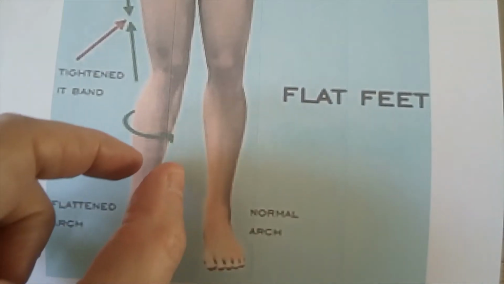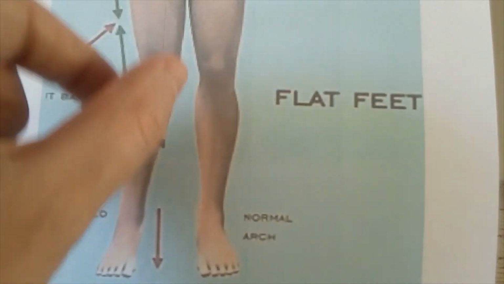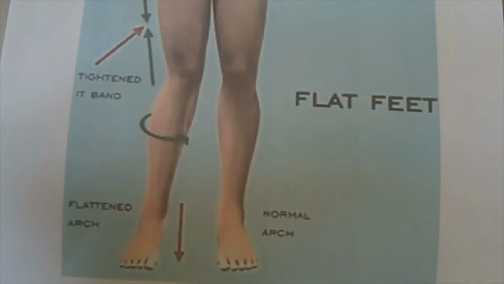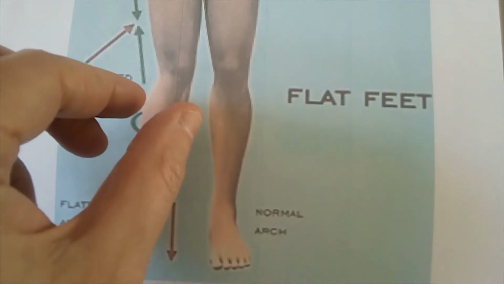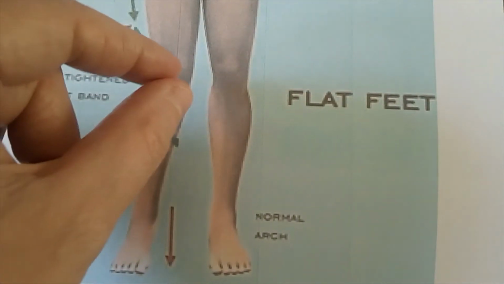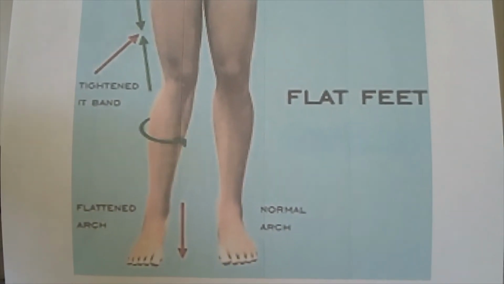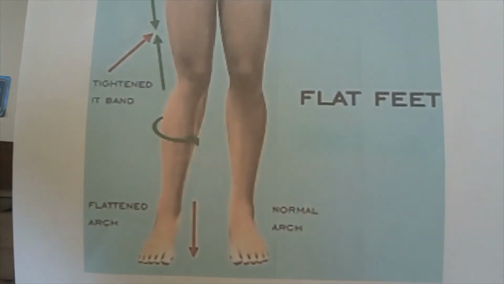This increased pronation will cause the lower leg, but also the whole leg, to internally rotate. It's turning inwards, which causes the knee to have a knock-kneed or valgus effect, which again I'll be posting about.